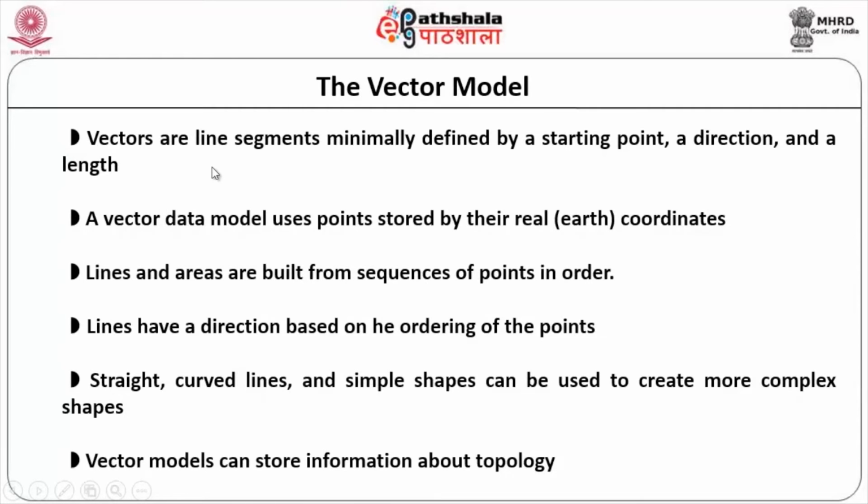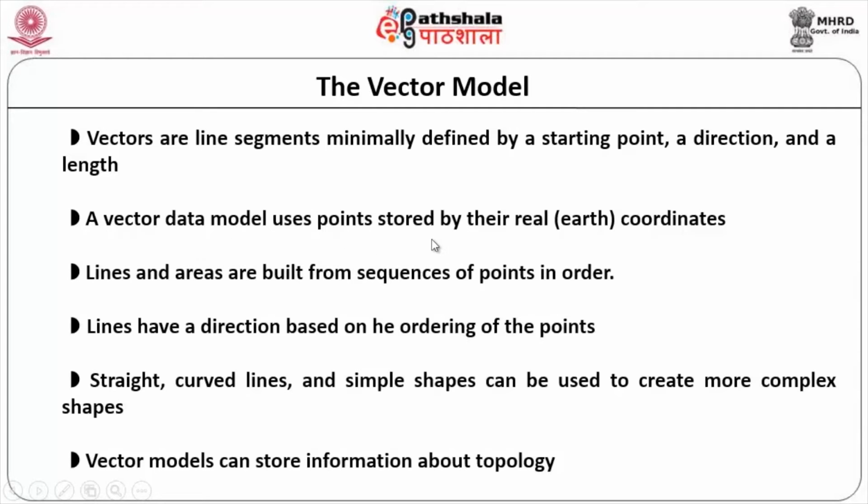Bear in mind that line segments are defined by a starting point, and they have a direction and a length, which I told you about in line data. All the points are stored in real earth coordinates, as this model uses the real world coordinate system.